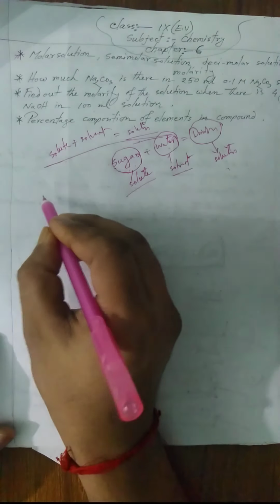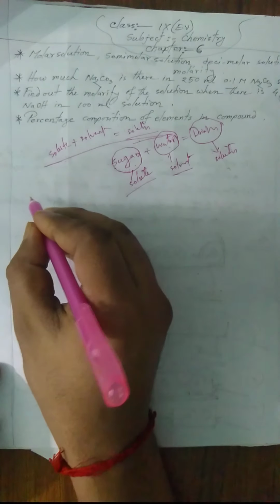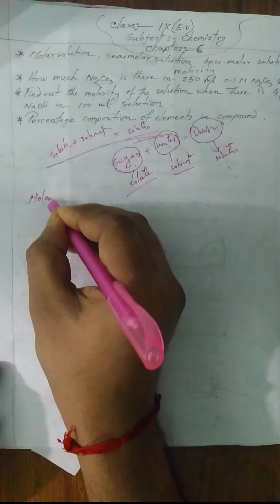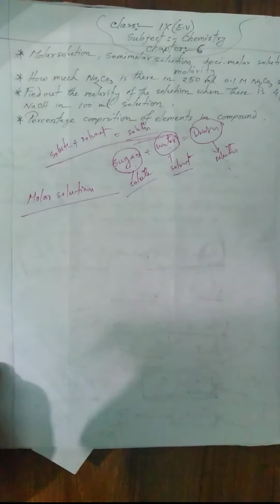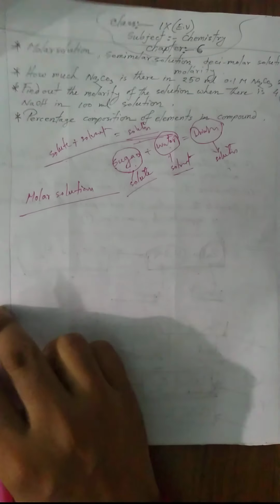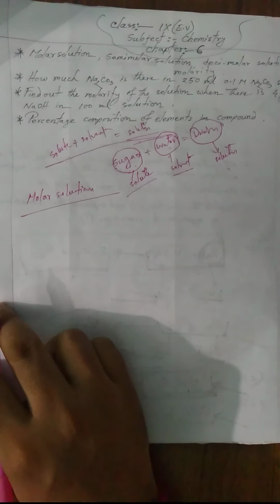So molar solution. What is molar solution? At fixed temperature, if 1 mole of solute is dissolved in 1000 ml or 1 liter of solution, then it is called molar solution.